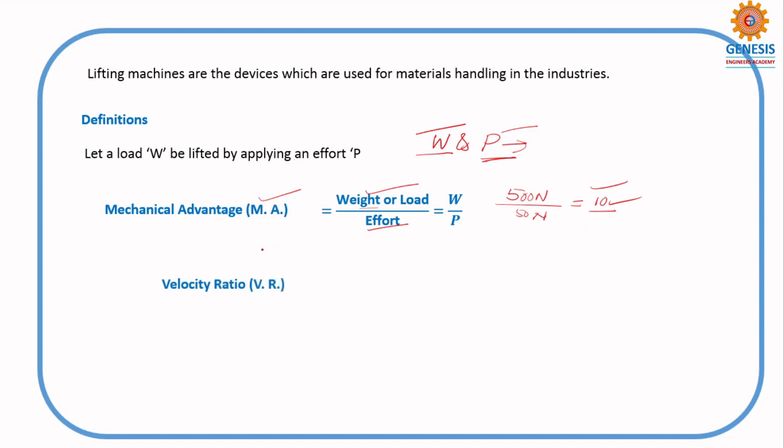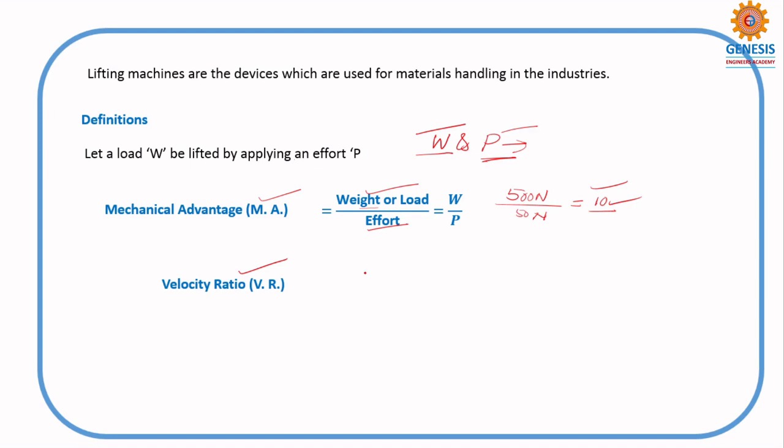Next one is velocity ratio. Sometimes you want to lift to some distance. If you want to move a body or a load to some height, you have to apply the effort.